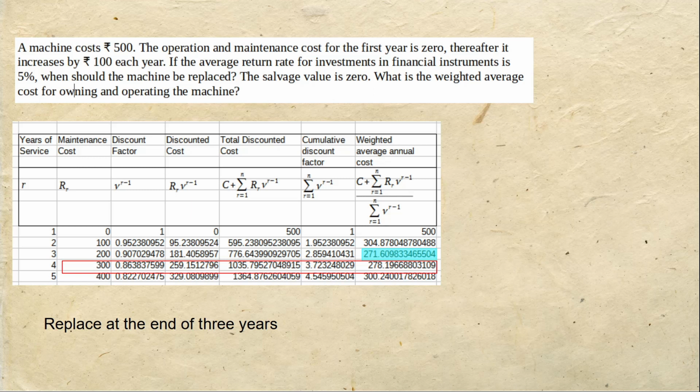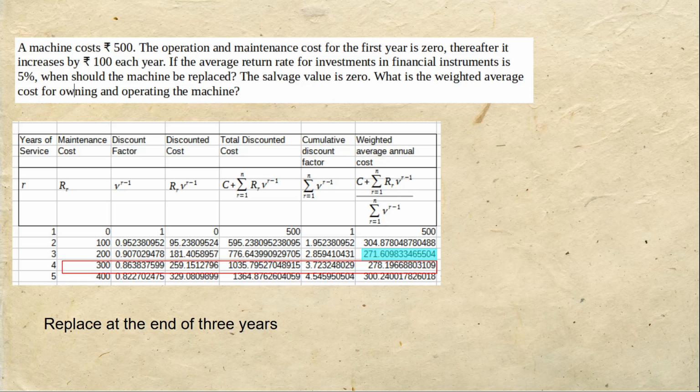Now, nu is nothing but 1 over 1 plus i, that is 1 over 1 plus 0.05, where 5% is your interest rate. So, for the first year, it's going to be 1, and for the subsequent years, the values shown are 0.95, 0.90, 0.86, and 0.82.